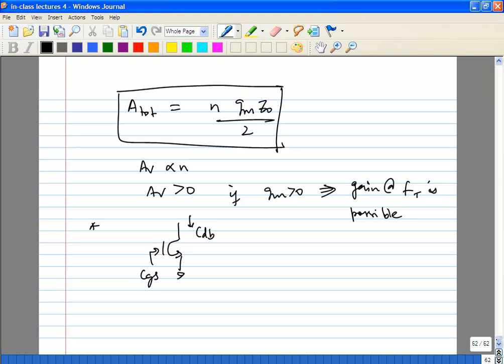The two transmission lines will never be the same, even though in an ideal case you would want them to be the same. Once you start taking into account transistor parasitics, you will have to adjust. So you can absorb the CGS into the shunt C of the transmission line. You can absorb CDB into the shunt capacitance of the transmission line on the drain side, except that now those two transmission lines will be slightly different.